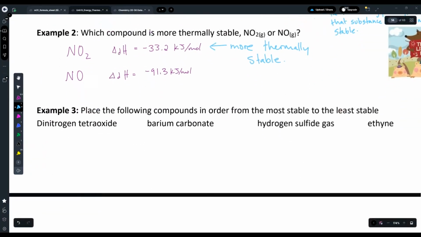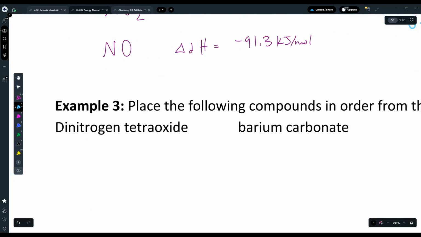All right, example number 3. Place the following compounds in order from most stable to least stable. Okay, so same process. Let's figure out our molar enthalpies of decomposition. And the units will be kilojoules per mole.